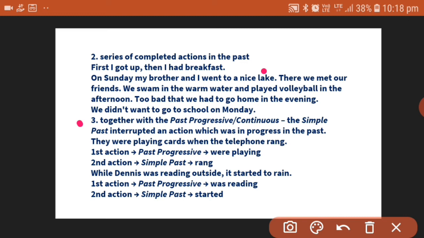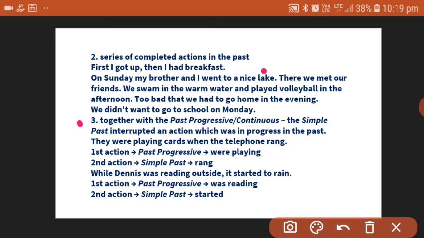While Dennis was reading outside, it started to rain. The starting of rain, we can say the rain has started. It means the starting point had gone.